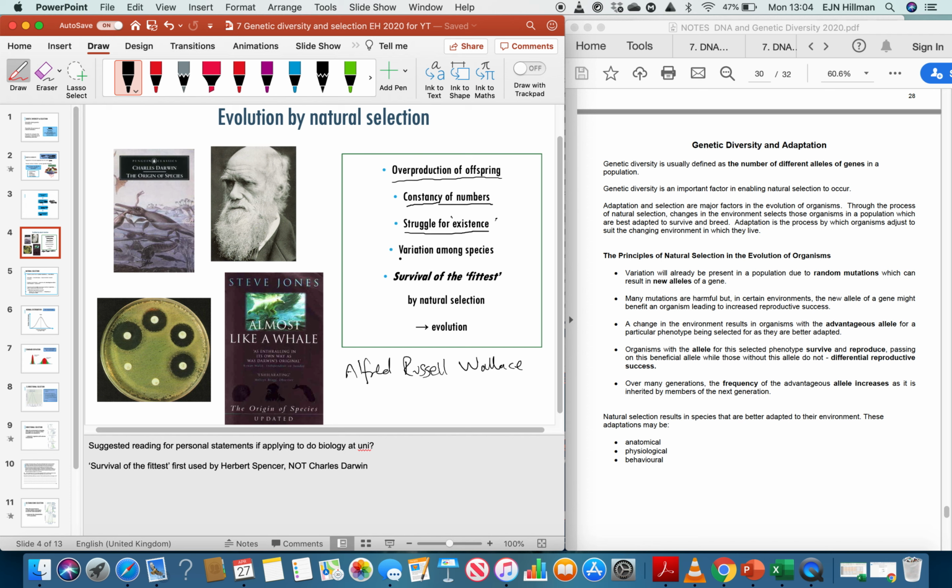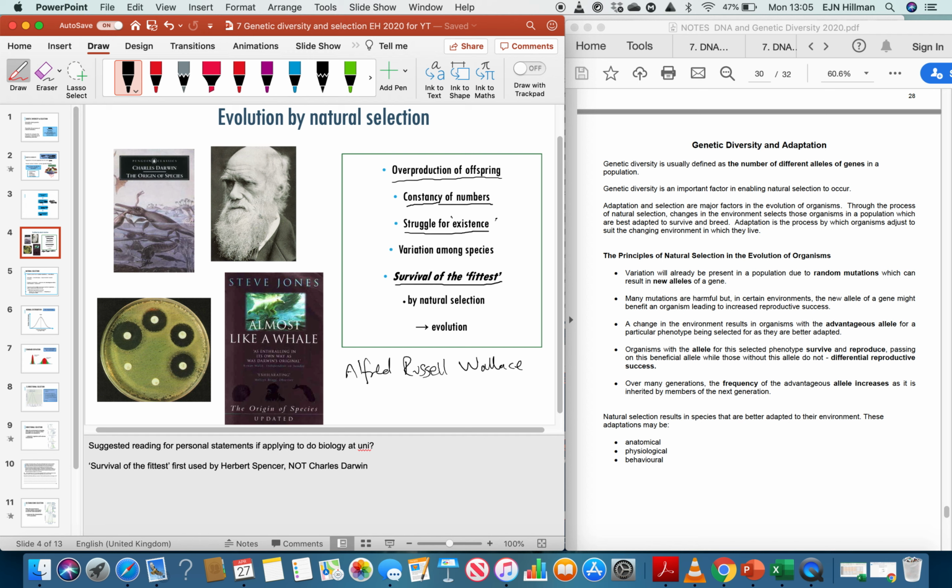Darwin also noted great variation within species. So within the species, there may be a big diversity, a big variation of phenotypes. This leads to the idea of the survival of the fittest. Now, survival of the fittest is sometimes wrongly attributed to Darwin. It's actually Herbert Spencer who made this comment about 5 years after the publication of The Origin of Species, but it's quite a nice way of thinking about it.